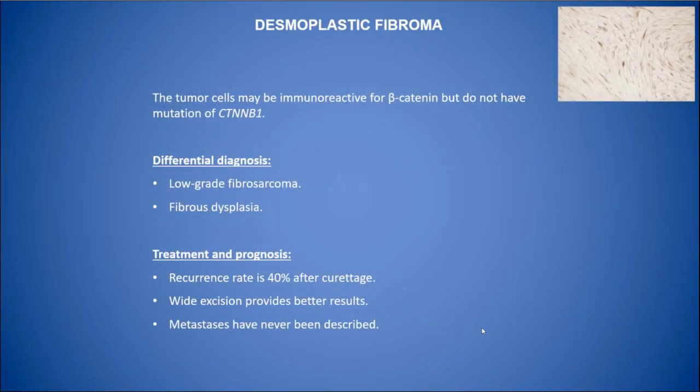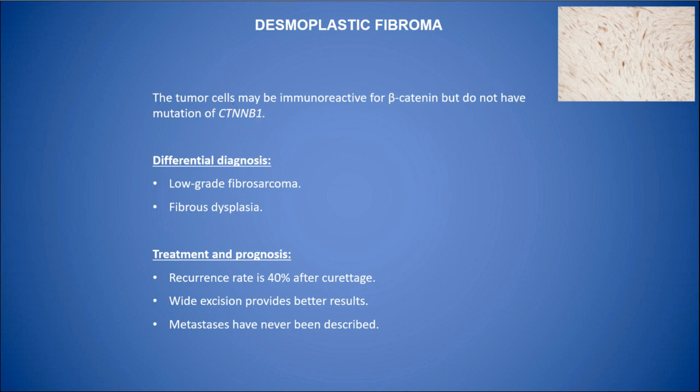You may see small nucleoli and sometimes nuclear pseudo-inclusions, and at times the nuclei may have a somewhat wavy appearance. The tumor cells may be immunoreactive for beta-catenin like desmoid tumors, but they do not carry the mutation.